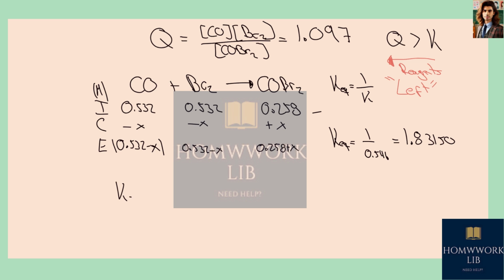And this new equilibrium constant would be equal to the concentration of COBr2 divided by the concentration of CO times the concentration of Br2.